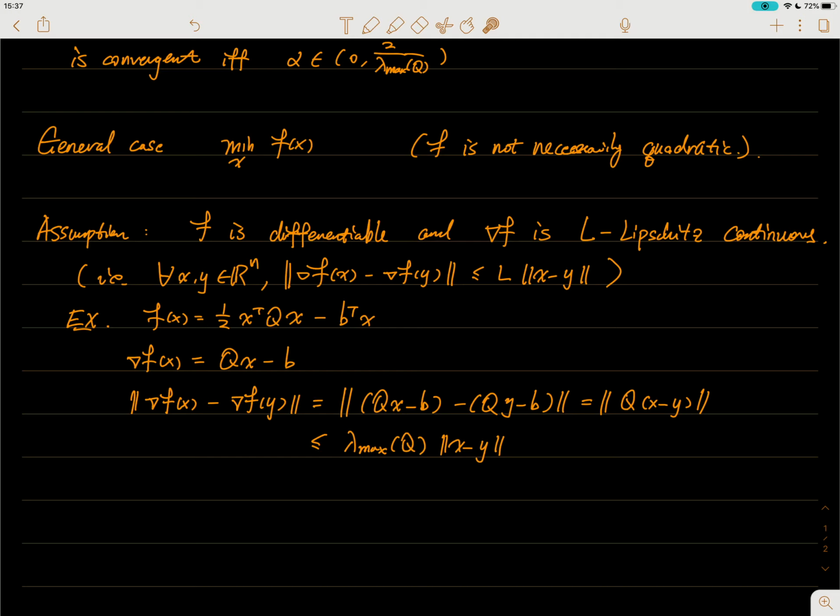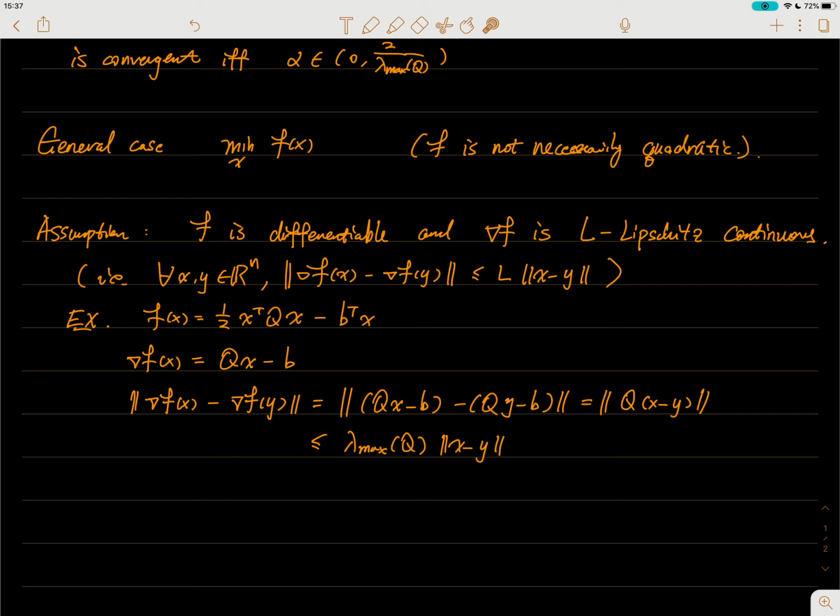Okay, so what we're going to prove is that in general, even if the function f is not quadratic, we can still get a range like this, except that here the alpha needs to be between 0 and 2 over L, where L is a Lipschitz constant for the gradient of f.